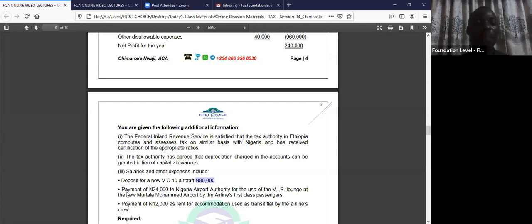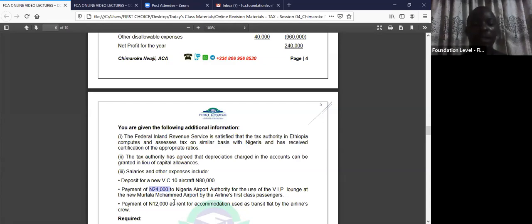That's one. Payment of 24,000 naira to the Nigerian Port Authority for the use of the VIP lounge at the new Murtala Mohammed Airport by airlines' first class passengers. It's not allowed.